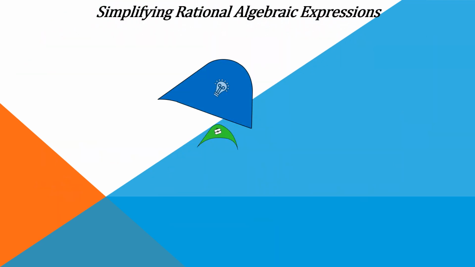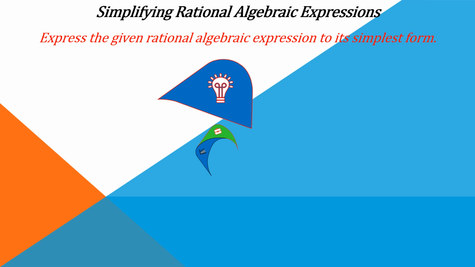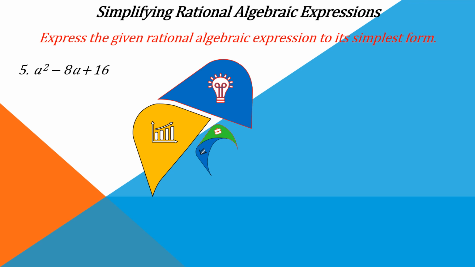Example number 5. a squared minus 8a plus 16 divided by a squared minus 16. Well, in this example, we have a numerator of a squared minus 8a plus 16, and our denominator is a squared minus 16.